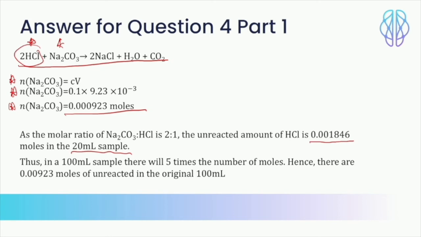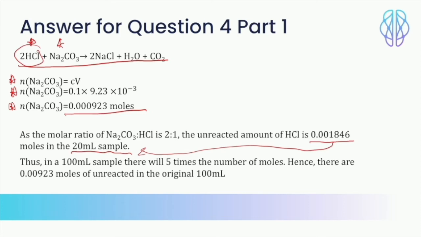You might remember, originally we added 100 milliliters of HCl, and then we took a 20 milliliter sample, right? If there are 0.001846 moles in the 20 milliliter sample, logic follows there will be 5 times the number of moles in the original 100 milliliter sample, because we took a fifth of the liquid, we took a fifth of the solution.